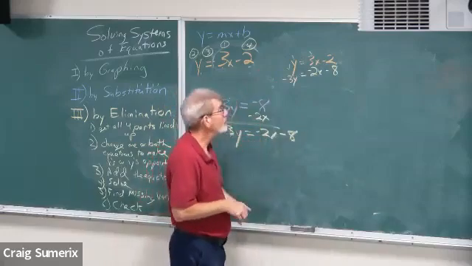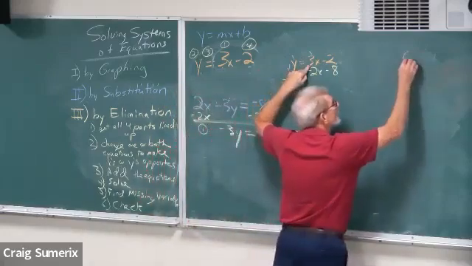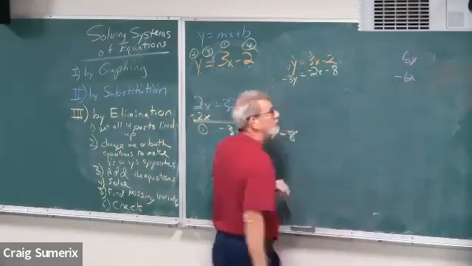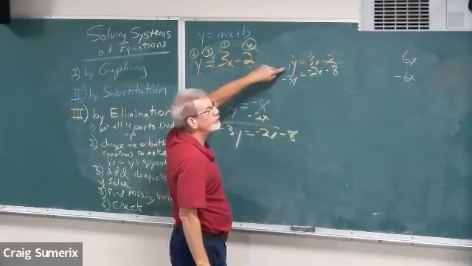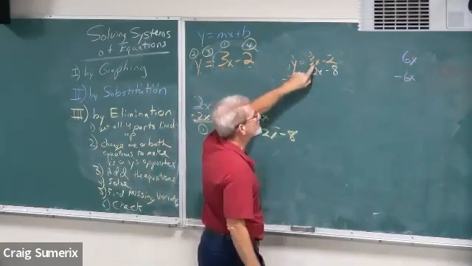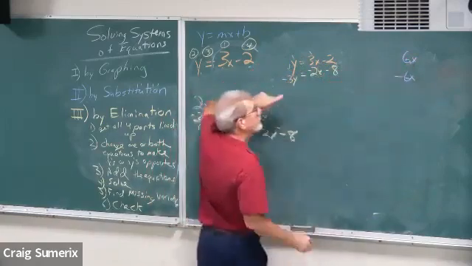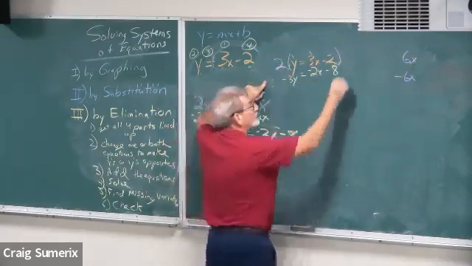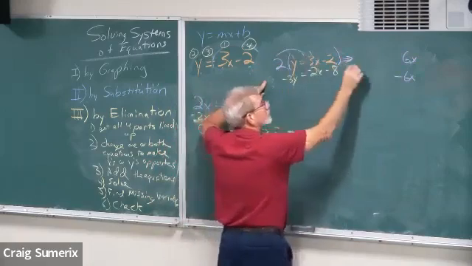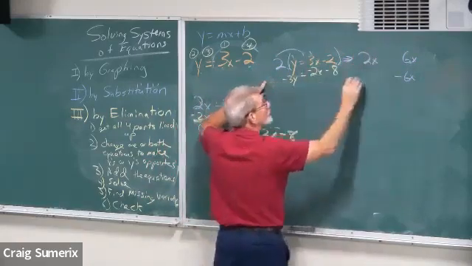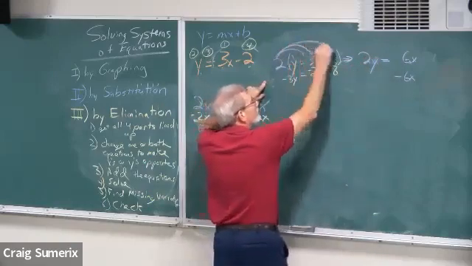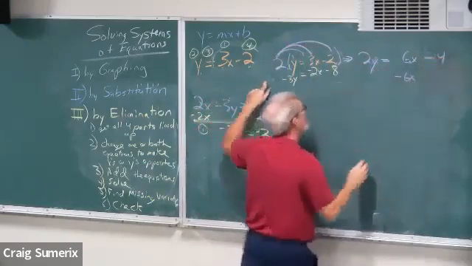6. So what if I change this to positive 6X and negative 6x. Okay, what would you have to do to the top one to change this 3 to a 6? Have to make everything twice as big. This becomes 2y equals 6x minus 4.